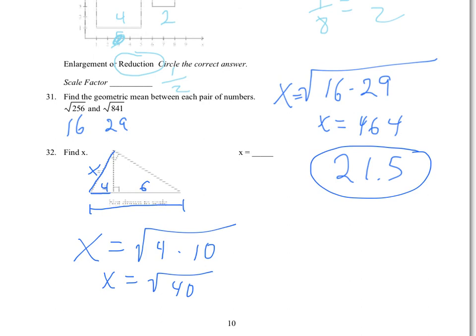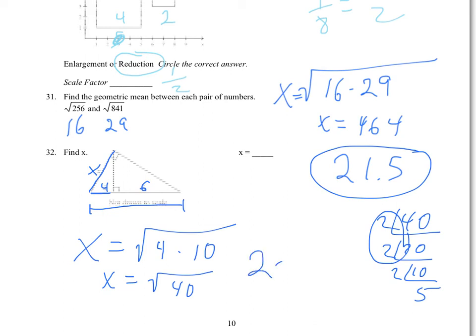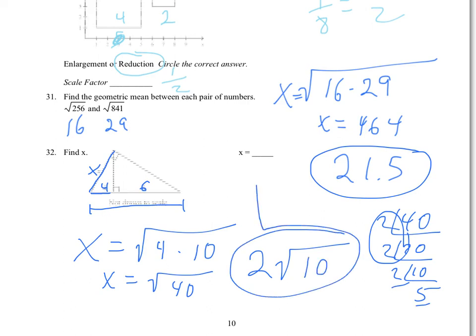If I simplify that using the cake method, I would only have one pair of 2's to pull out, and 2 and 5 would stay inside, so 2 times the square root of 10. That would be the value of x. It's the length of that leg. If you figured it out as a decimal, the square root of 40 would be 6.3.